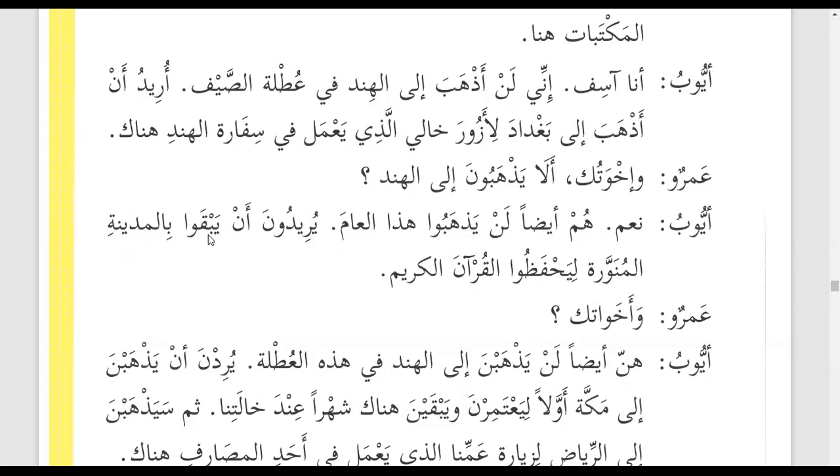يريدون أن يبقوا. Now, this is where we have to see that when the weak root letters are there, then there will be some changes as well. Normally it is on the pattern of una, for example يذهبون, يخرجون, يضربون. But here it is يبقون, becoming يبقوا.